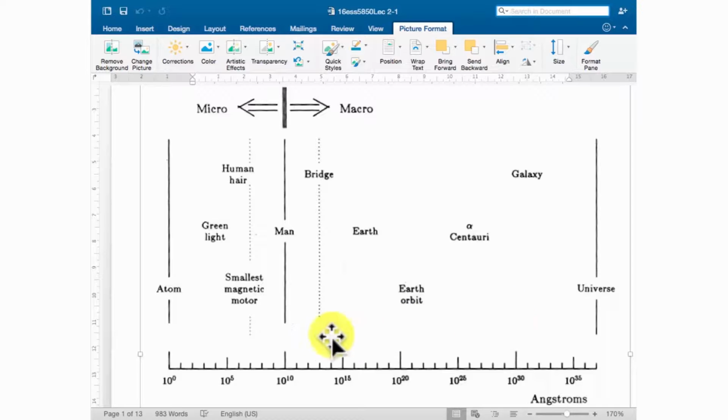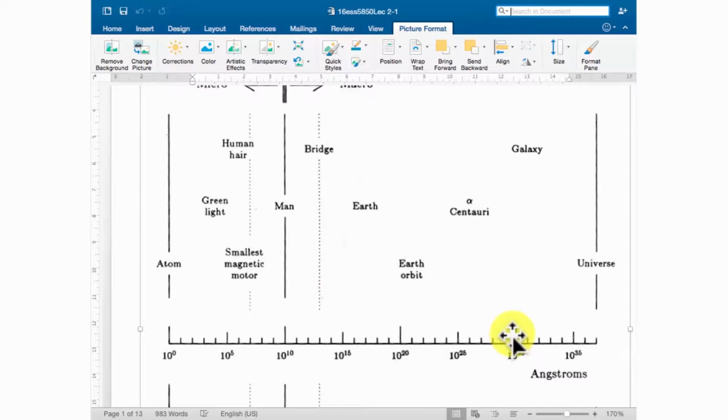For example, for large things I will talk about the universe. You can see it's more than 30 orders of magnitude larger than our comfortable zone. And below this, not only the millimeter size, we still have a lot of things below the millimeter size, like something in the micrometer size and some in the nanometer size.